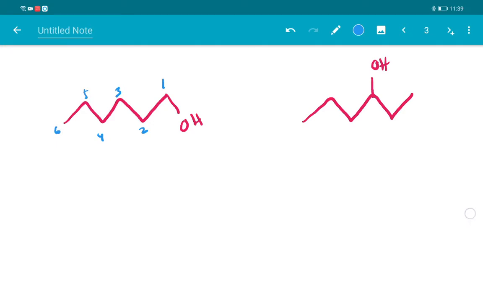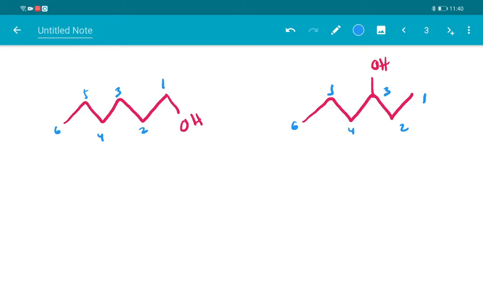While for this one, do we start from the left or the right? It will start from the right side, because the position of the OH will be on carbon number 3. If we started from the left, the position of the OH would be on carbon number 4 instead of carbon number 3. That's why we choose this kind of numbering, because it is closest to the main functional group.